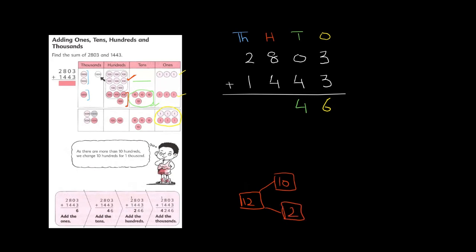The 200s will come right over here, but the 10 hundreds will get converted into 1,000, and this is exactly what is happening right over here. So this is representing this one. And now we have 2,000s plus 1,000, which is 3,000, and 3,000s plus this carried over 1,000 makes it 4,000. So the answer is 4,246.